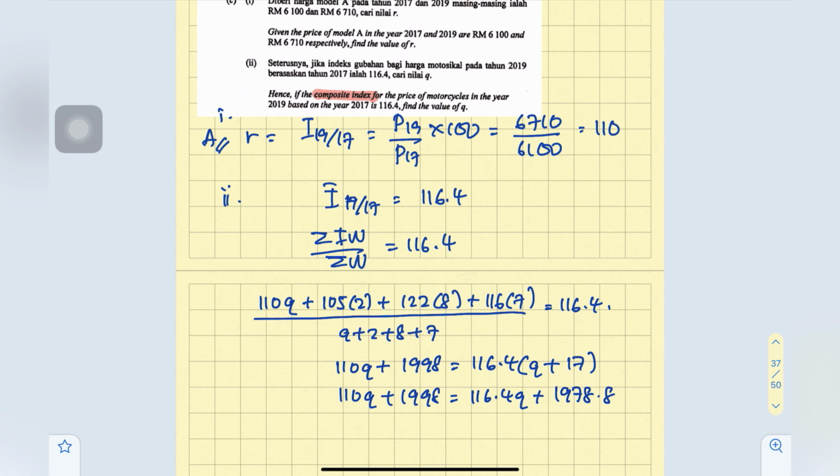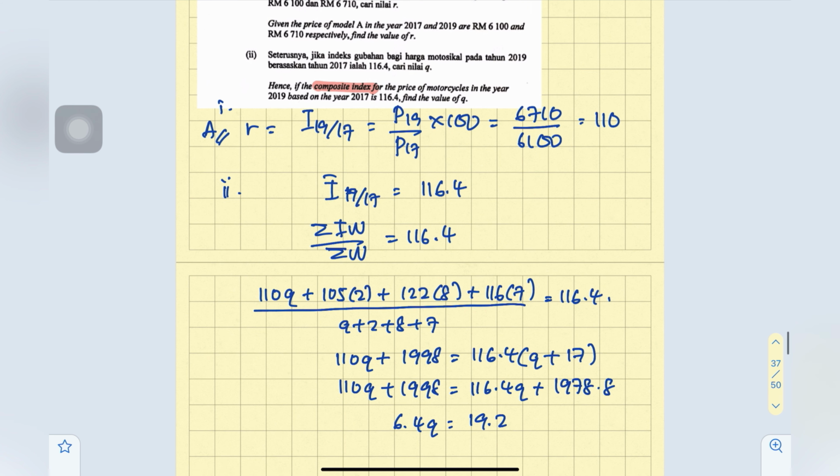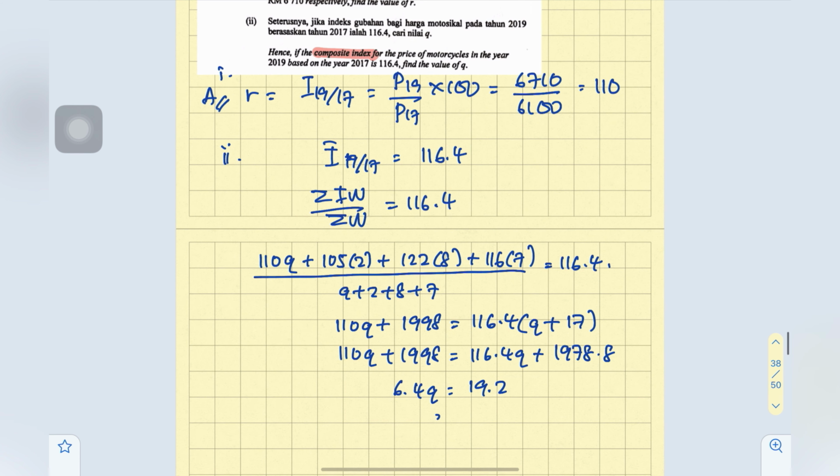Okay, so then kita tolakkan 116.4Q tolak 110Q dapat 6.4Q equals to 1998 minus 1978.8 is 19.2. Okay, so nanti kita dapat Q equals to 3.